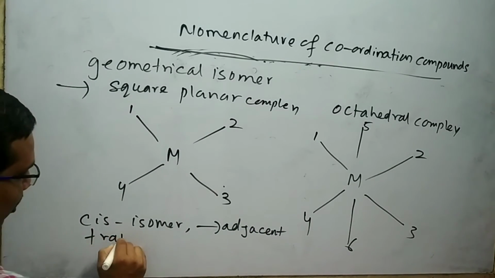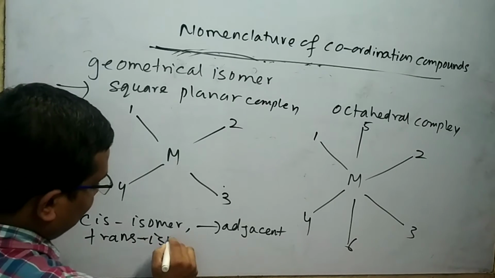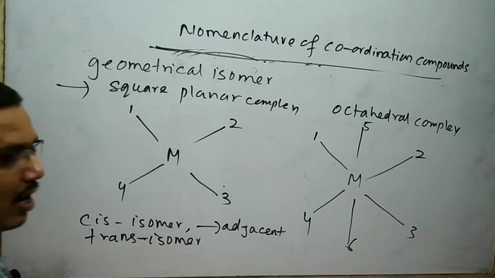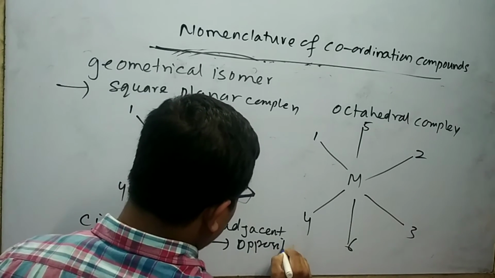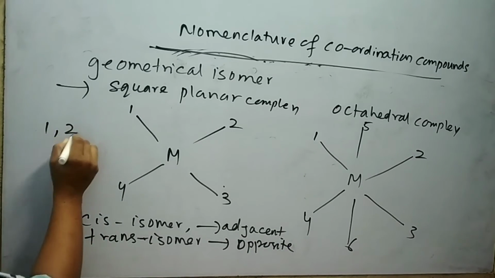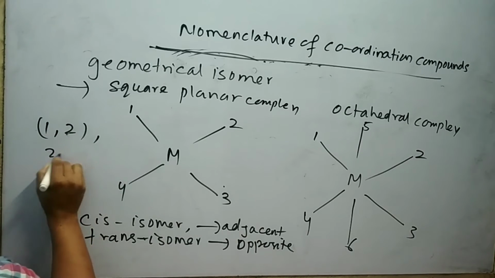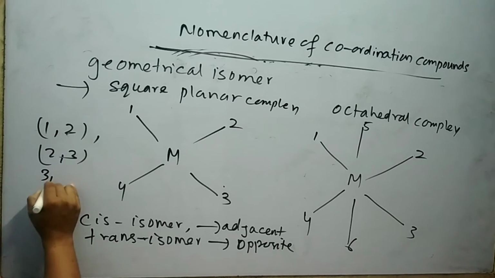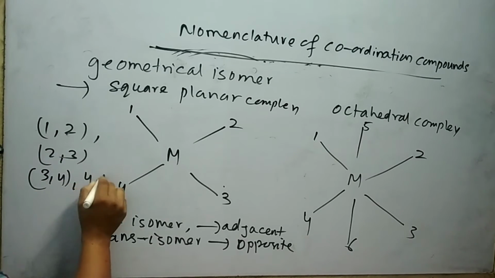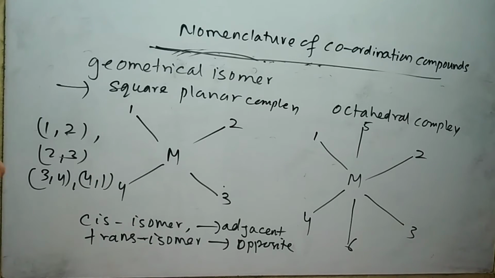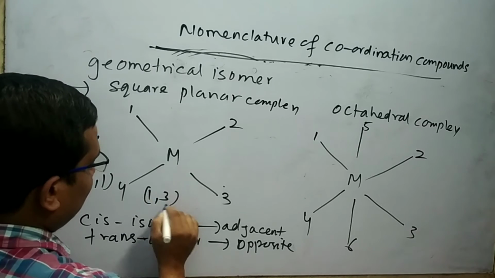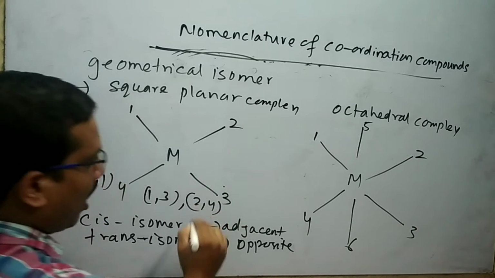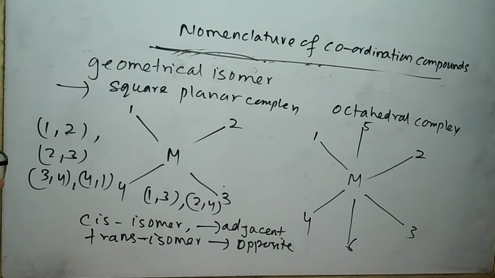Trans isomer means the same ligand is present in the opposite position to each other. In this case, 1-2, 2-3, 3-4, 4-1 are called cis isomers. On the other hand, 1-3 and 2-4 are called trans isomers.